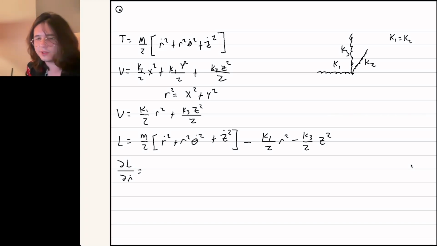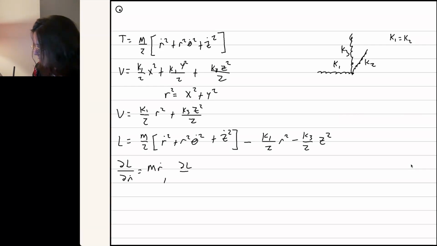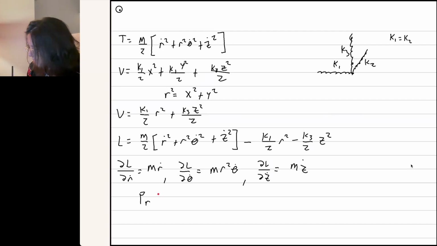Sorry, my cat is trying to destroy my computer. dL/d theta dot will be m r squared theta dot. Look at that angular momentum. dL/d z dot will be just m z dot. And that's going to be our p_r, p_theta, and p_z.